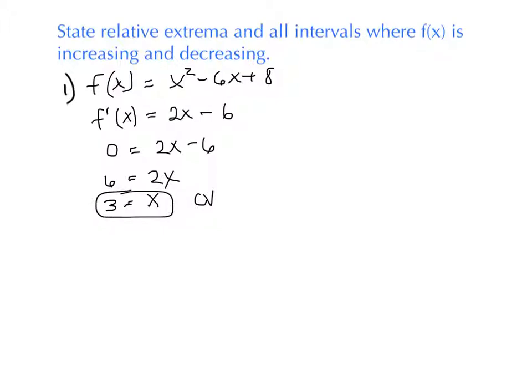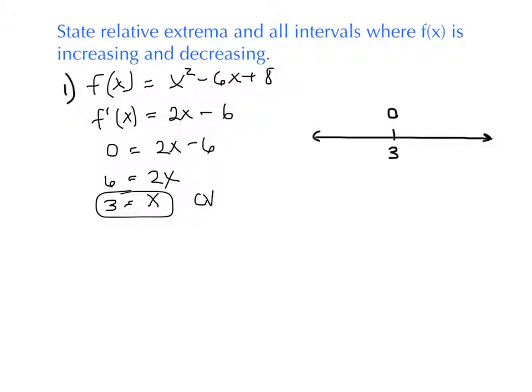Second step was to test it on a number line and make sure that you label. So what the heck is that all about? Well, this is super important, like I said. Okay, so we're going to go ahead and draw ourselves a number line. And on that number line, we're going to put our critical value. Okay, and because this critical value came from a 0, where the derivative was equal to 0, we can label it with a 0 up above it.